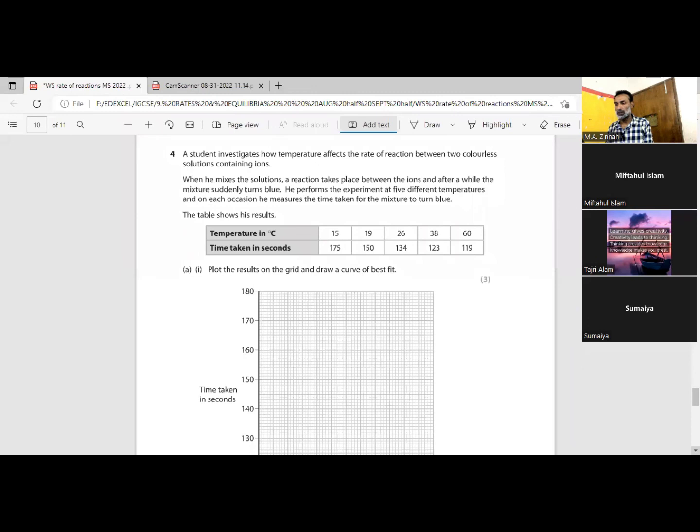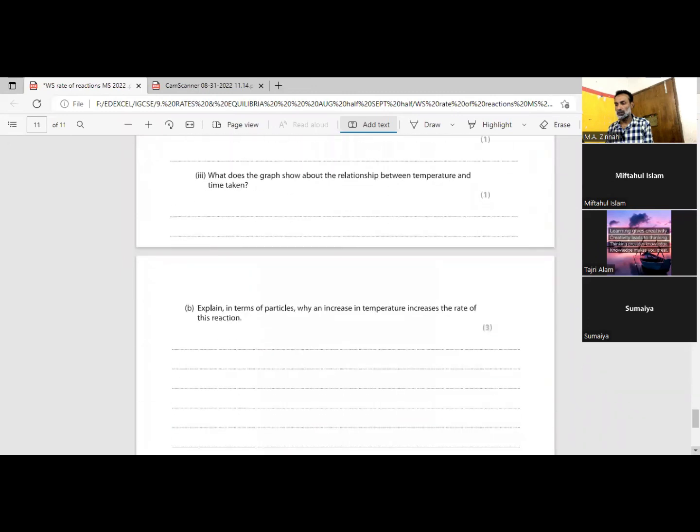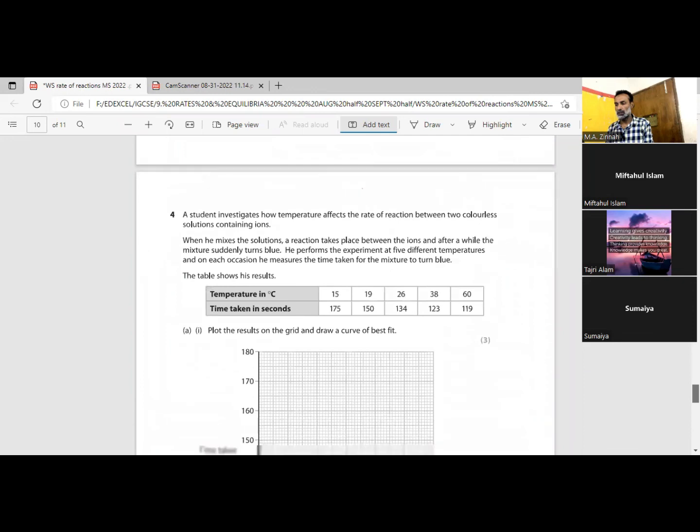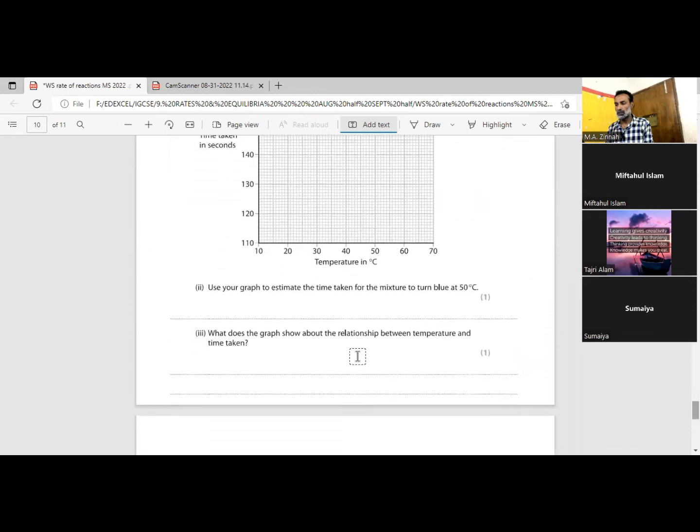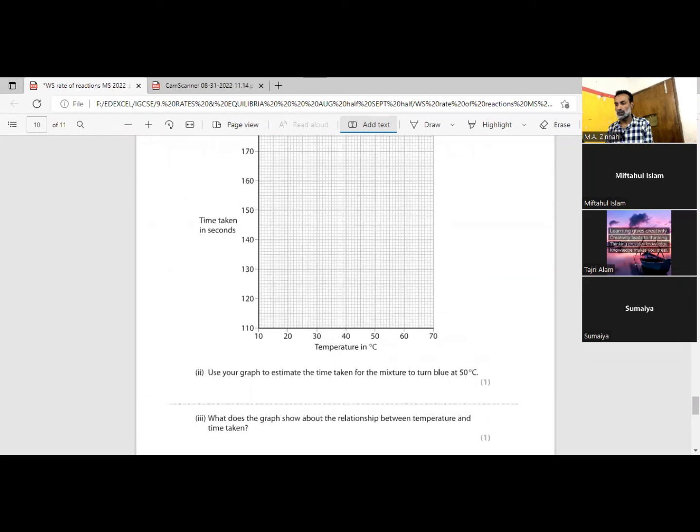Now another one. We are not going to draw this now, I am skipping it and moving to the question. Look, use a graph to estimate time taken for 50 cm cube at 50 degrees centigrade. You will get a curve or a line. Maybe there was no reading at 50, but the graph has 50. Go straight up from 50, where it crosses, go across.